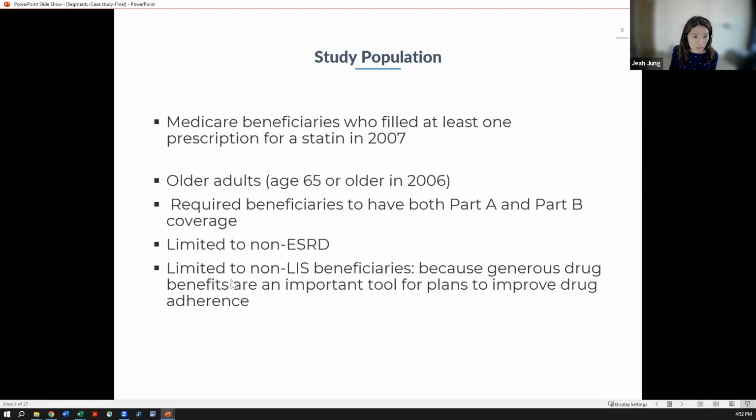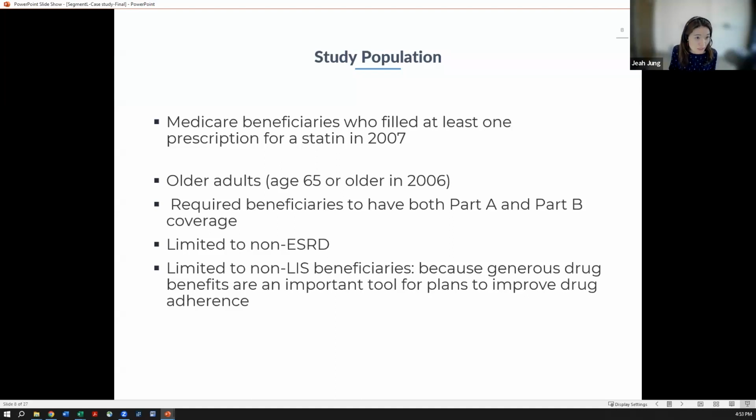And here we limit it to non-LIS beneficiaries, because one way MAPD plans can steer their enrollees to stick to their medication adherence is by providing more generous benefits. In other words, they could lower cost sharing for statins.